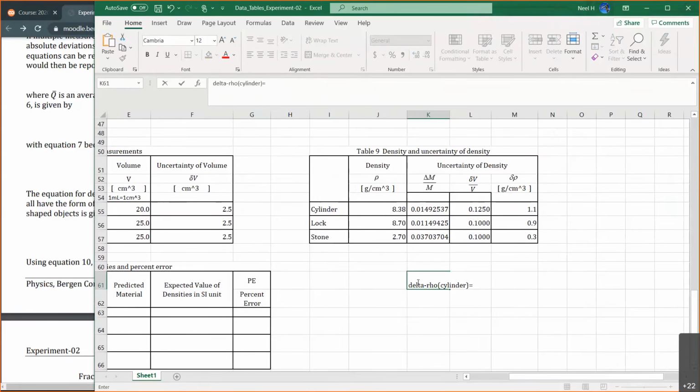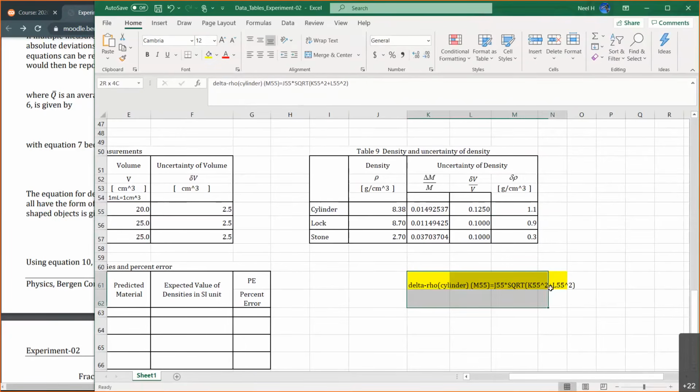It's going to be the same for the others, technically. Okay, that's the equation for the delta rho for the cylinder. That is M55, this cell right here. Now it is the same for the other three, right? So if you want to do the other three, just click and drag.